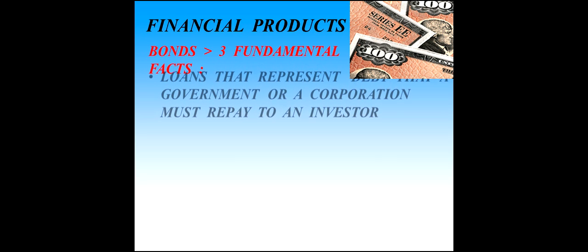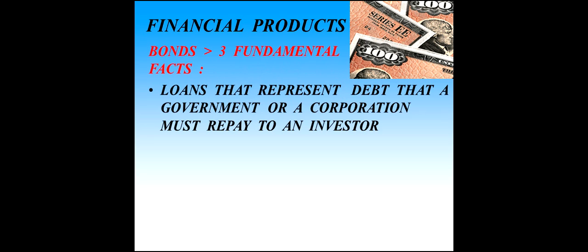Now we'll move on to taking a look at the most common types of financial assets. And we're going to start with bonds. In talking about bonds, I'm going to start with three fundamental facts about bonds. The first is that a bond is a loan that represents debt that either a government or a corporation must repay to an investor.